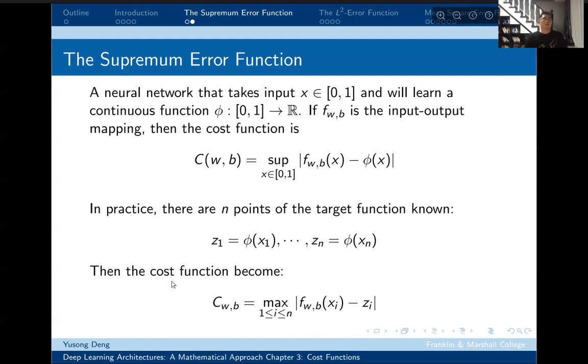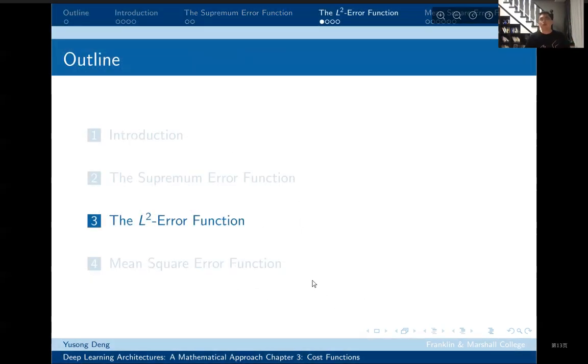But the next one will show you some fancy properties that give you a little idea of how we will find the minimum. So the next one, the L2 error function.